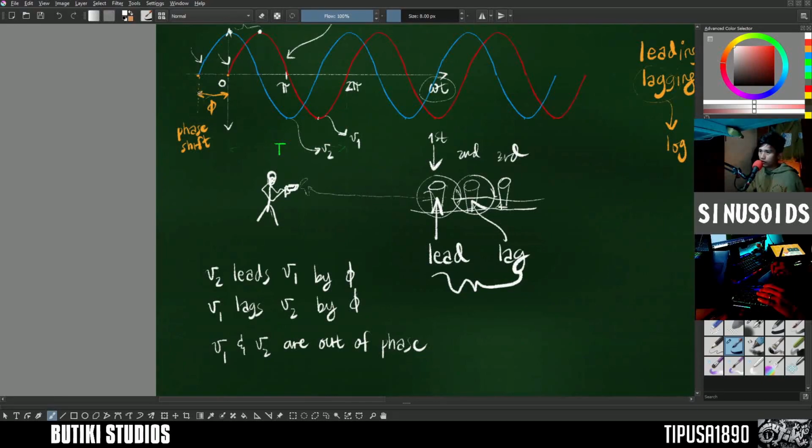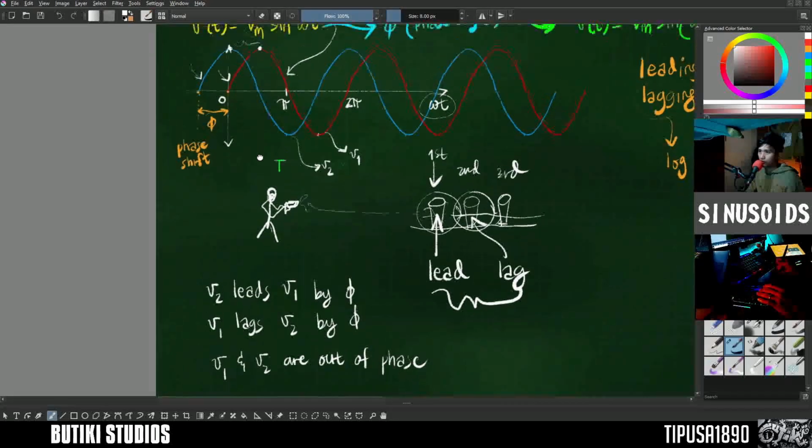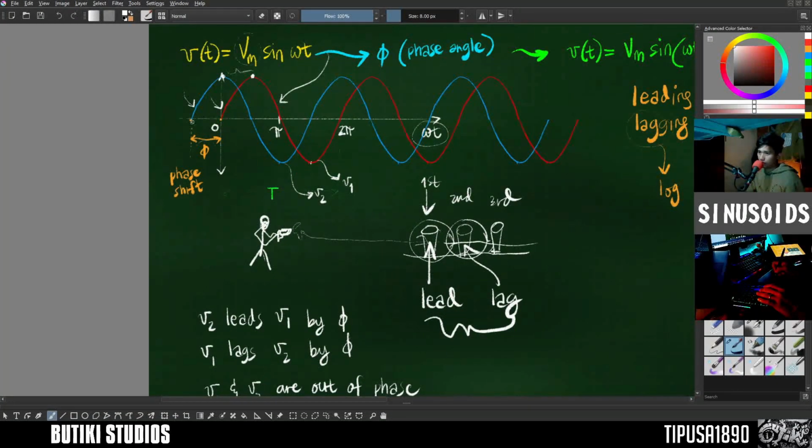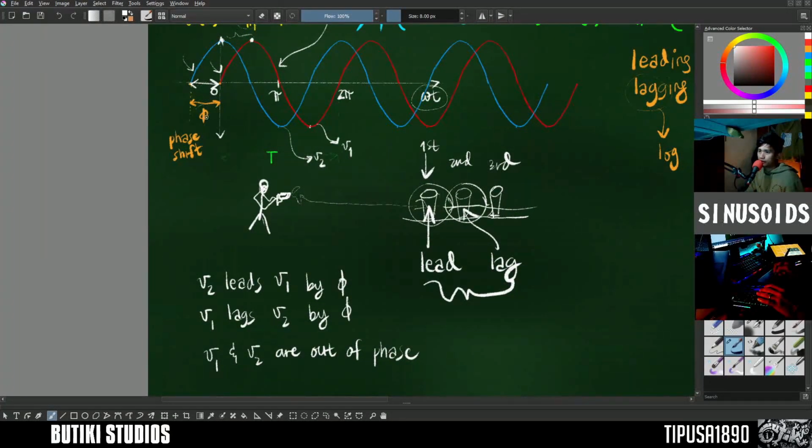Don't we call that the phase angle? The phase angle is the phase difference between two waves, or the angle difference between two waves. So since there is a gap between the two waves, V1 and V2, we can say that V1 and V2 are out of phase.